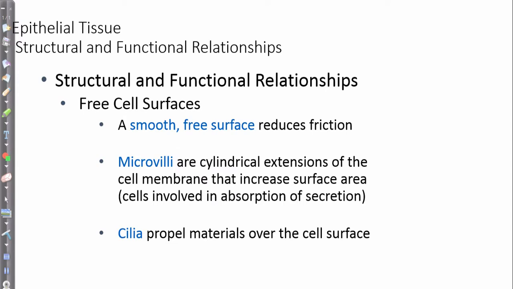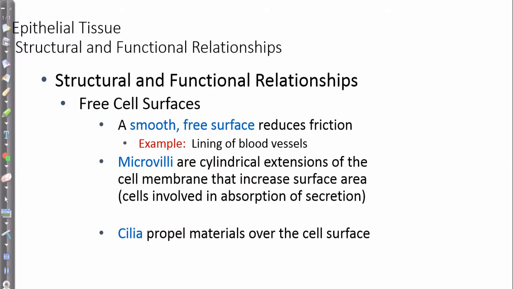And just a couple more ideas along the same theme. Think about where you'd want to have layers, or where you'd want to have cilia, or where you'd want to have smoothness. The inside of your blood vessels, for example, will be a great place to have a smooth, friction-free surface. And one form of epithelium is called endothelium inside of blood vessels, and it's very smooth on the inside.